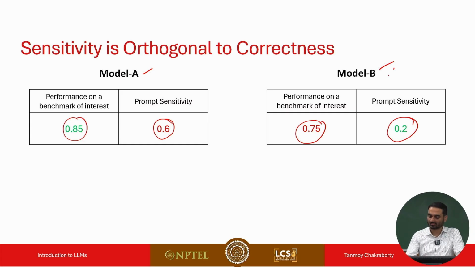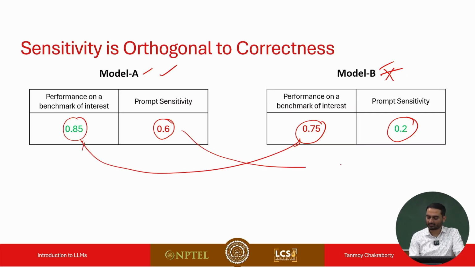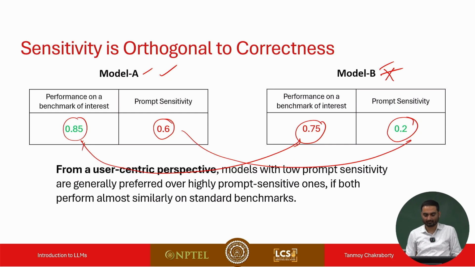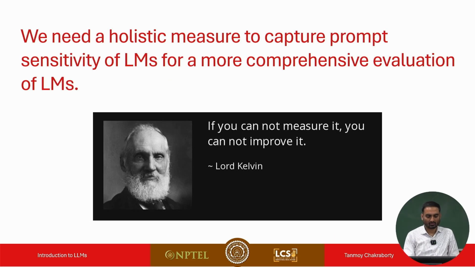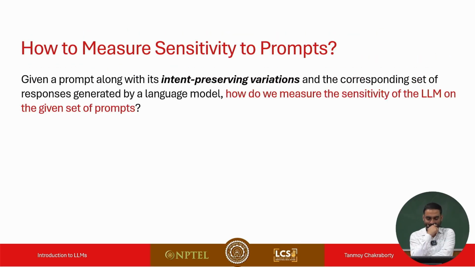So you should prefer model B over model A, because accuracy is almost comparable, but sensitivity-wise model B is much more robust than model A. So we need a holistic measure to capture prompt sensitivity of language models for a more comprehensive evaluation of language models.